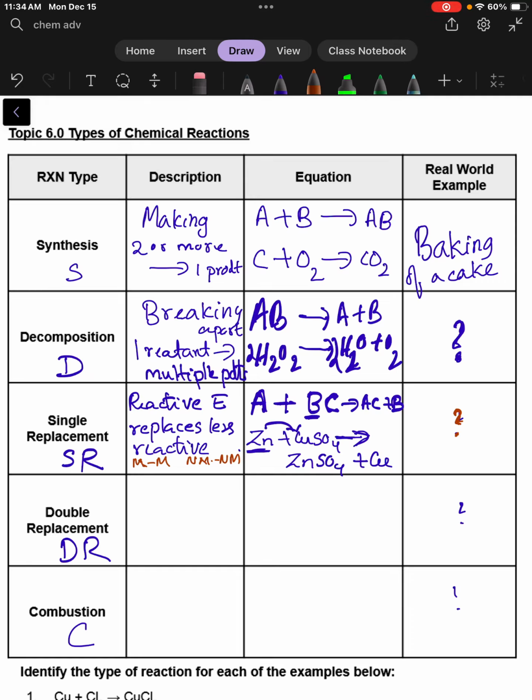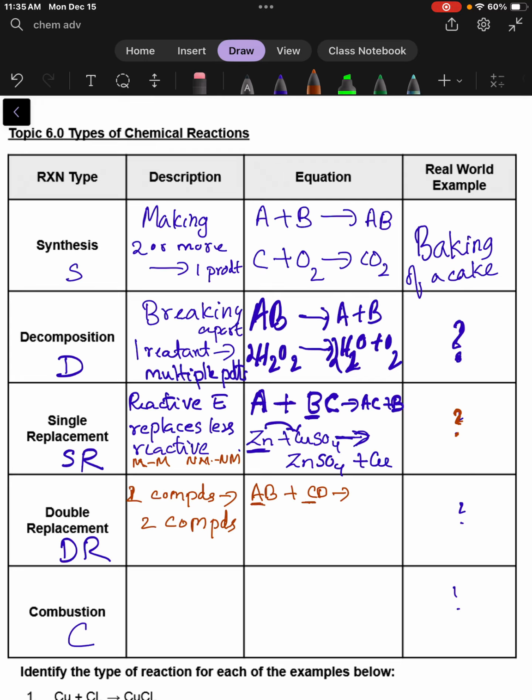Double replacement. In a double replacement, two elements just undergo an interchange. When 2 compounds react, they will form 2 compounds which will be completely different. Say for example, AB is a compound, CD is a compound.